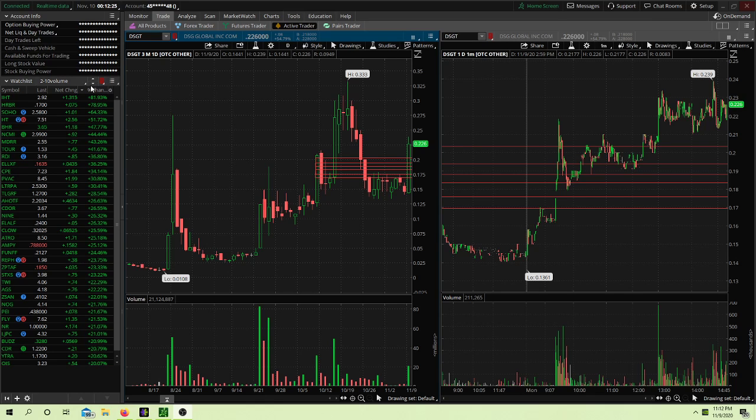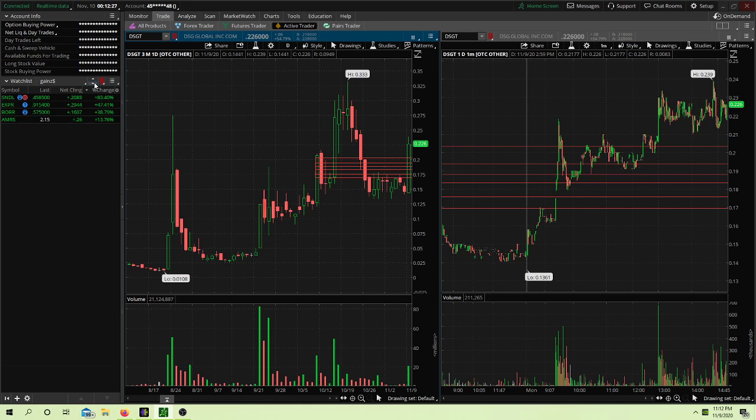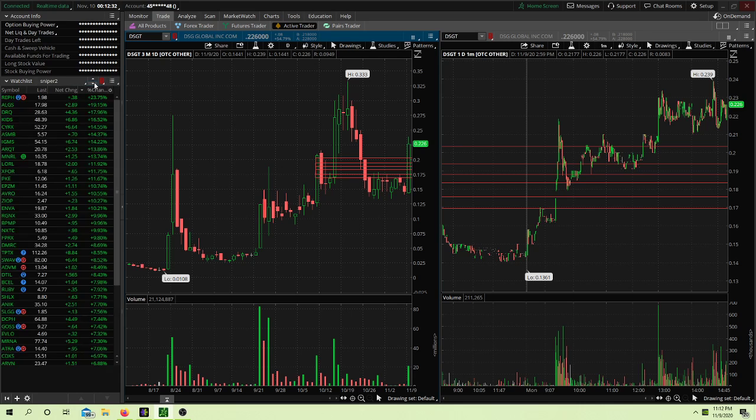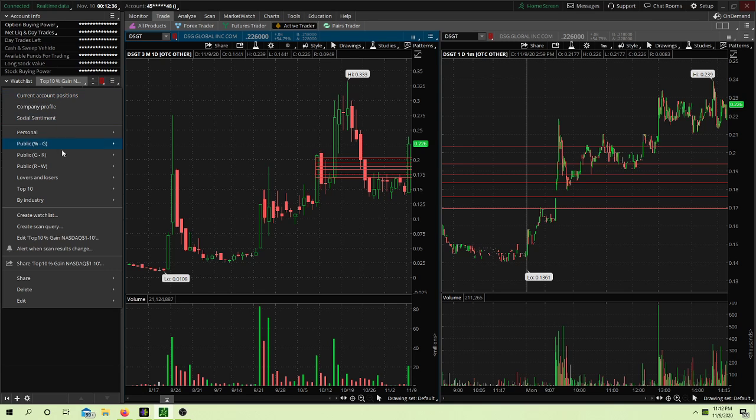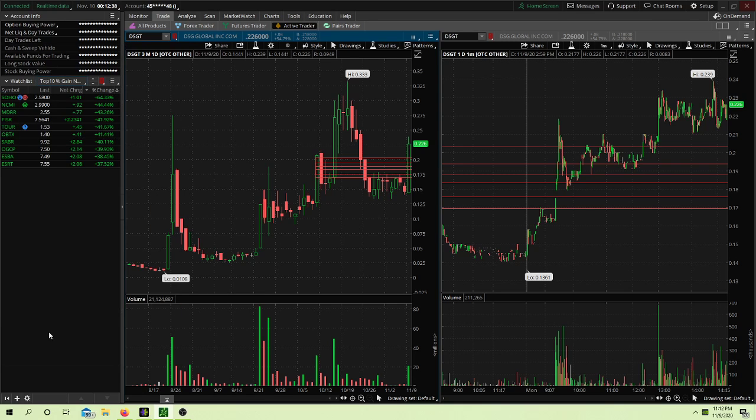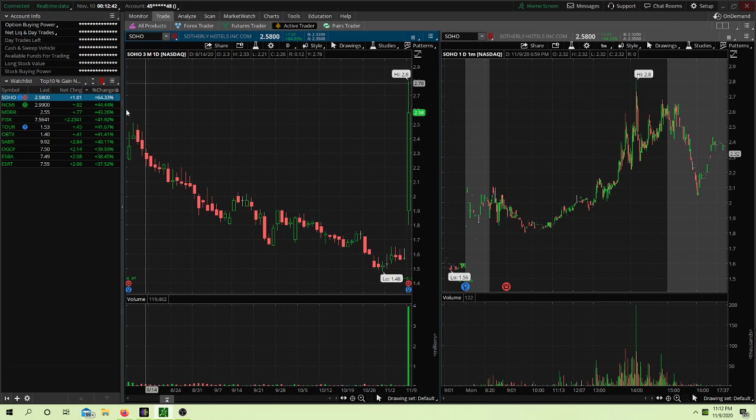And so we could start off with today's top percent gainers on the day and see if I like any one of those. So we see right here, it says top percent gainers of the NASDAQ. What I usually do is I look through it. So this right here is 3 month, 1 day.